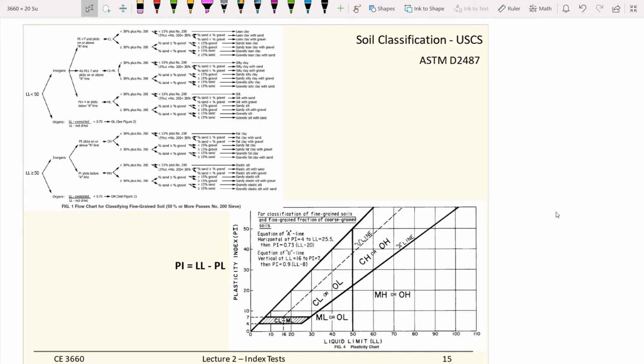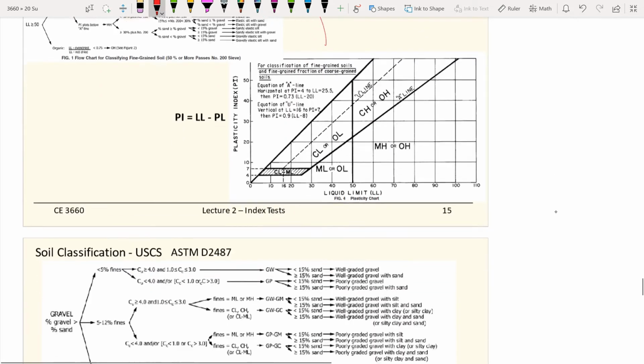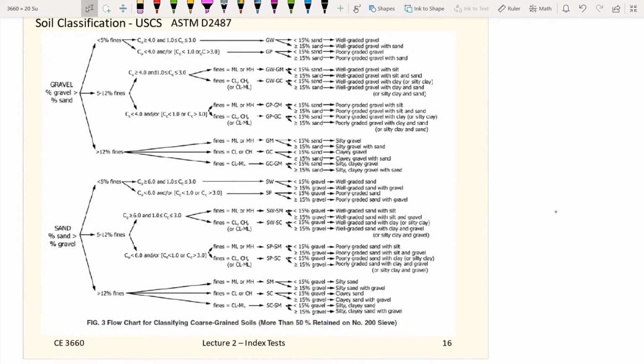First is to handle the fine materials. So what are fines? Fines are the soil particles that pass through number 200, which means silt and clay. For the USCS classification system, these two figures are for the fines, and there are two more figures.